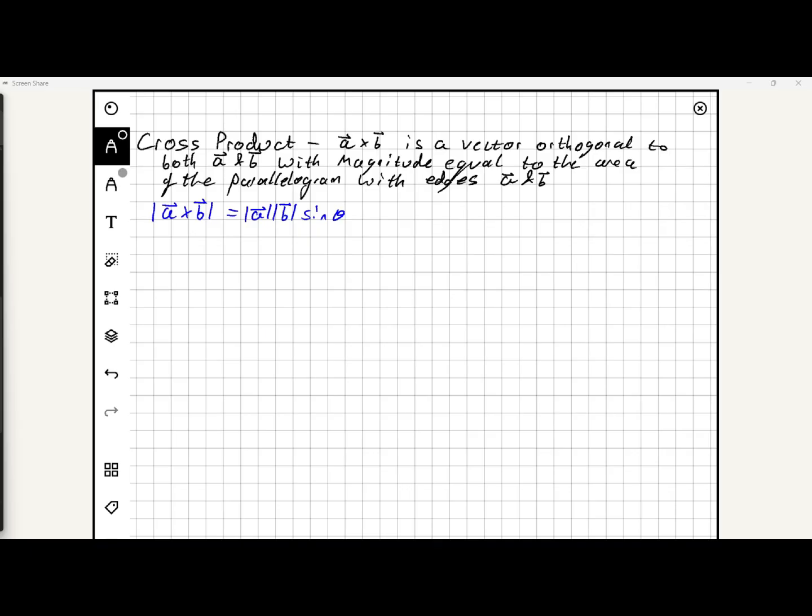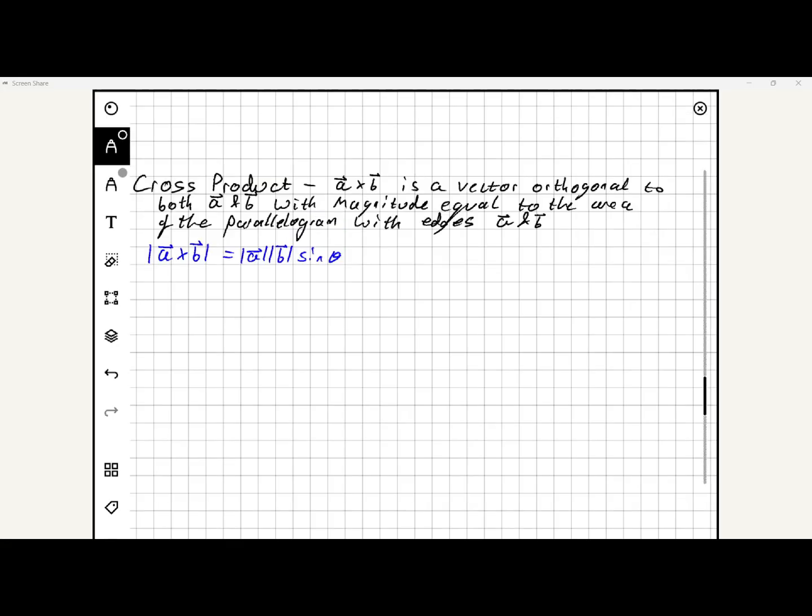Next we have the cross product, which looks like a cross b, as you can see here, which is a vector orthogonal to both a and b, with magnitude equal to the area of the parallelogram with edges a and b. Now I know that might sound confusing at first, so let's draw it out as explained in the definition. If we have vectors a and b, which are already orthogonal, which means perpendicular to each other, let's draw this out.